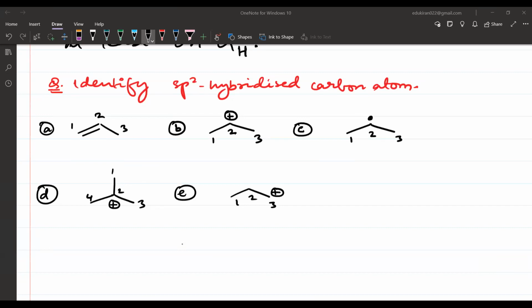Hybridization was a part of chemical bonding and molecular structure. उसमें कार्बन का we had done explicitly, है ना? बताइए आप लोग, what are the carbon atoms that are sp2 hybridized?